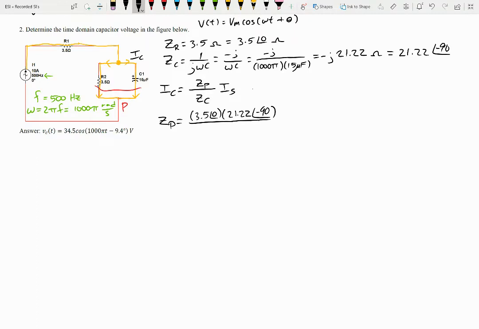Let me write the ZP equation real quick: ZR times ZC over ZR plus ZC. Just so we're all on the same page.